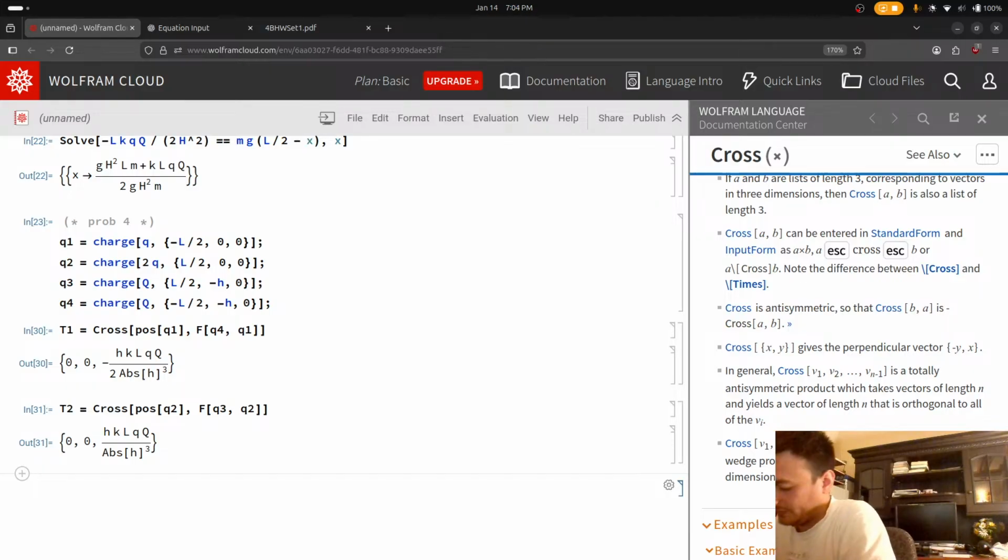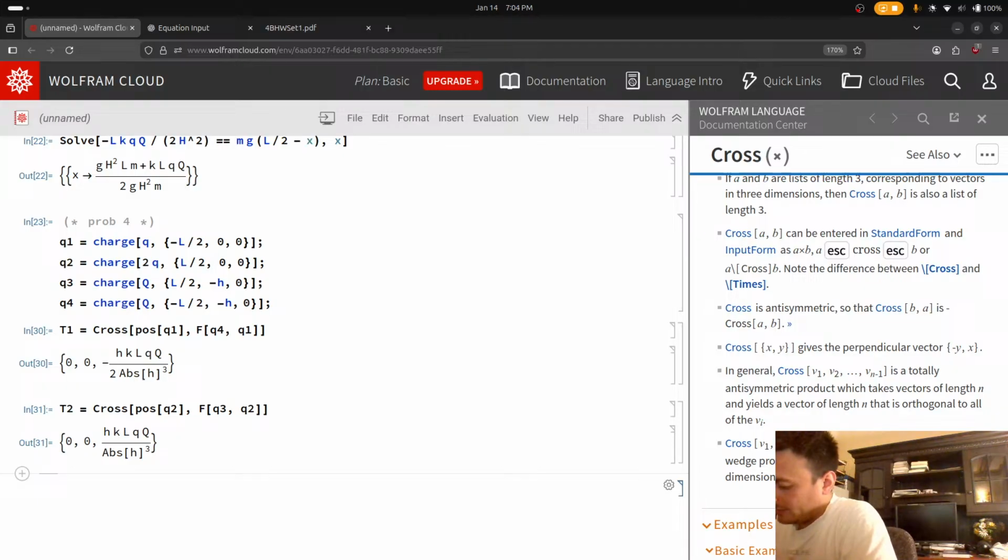Okay, so that's the position of the tension force. Now the position of the left electric force is going to be (minus L over 2, 0, 0) with norm L over 2.